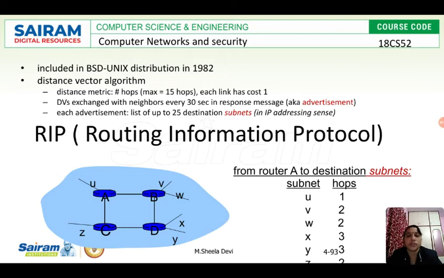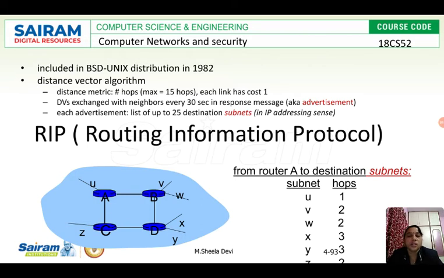If I can connect to a particular node, then I can give an advertisement to my neighbor that you can connect to this node through me. The same advertisement will be forwarded to its own neighbor, and that neighbor will forward it to its own neighbor.